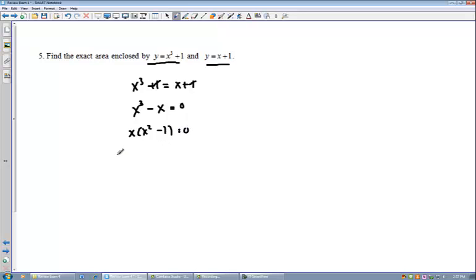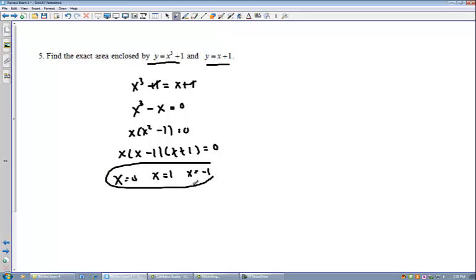Then I can factor this as x times x minus 1 times x plus 1 equals 0, which tells me exactly where to look. If a times b times c is 0, either the first thing is 0, or the second thing is 0, so x is equal to 1, or the third thing is 0, x equal to negative 1. These are my three possibilities where these two functions meet.